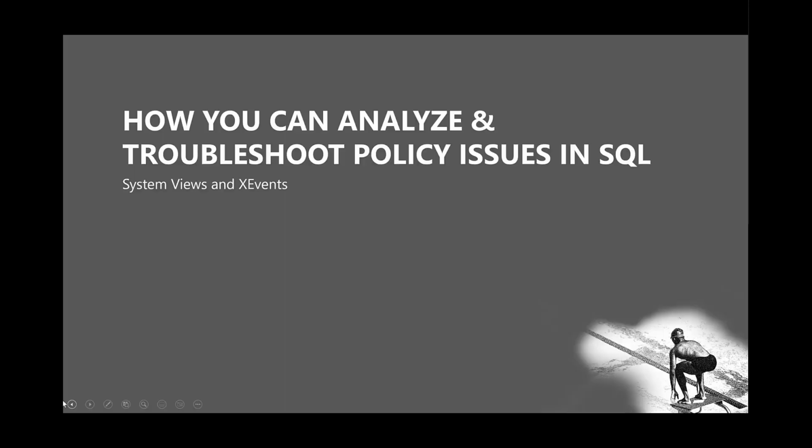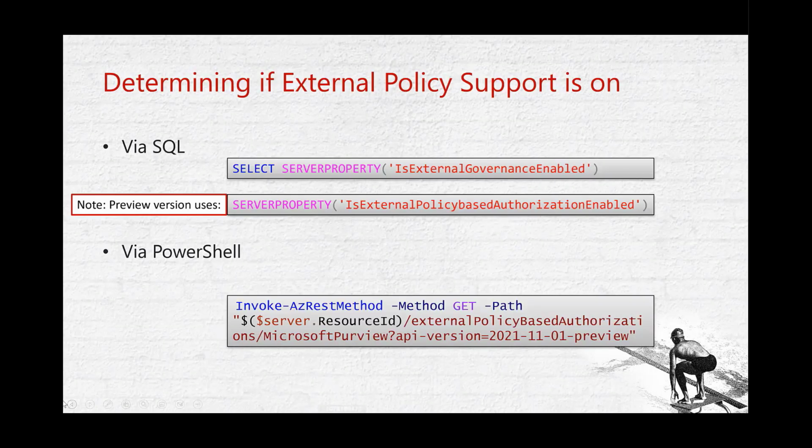Okay, so how can we actually analyze what's going on inside our Azure SQL database or SQL Server after we onboarded policies, after we applied policies? Now, first of all, you want to understand, is my server, my database actually governed from Microsoft Purview? And there we have a new property that today in the preview version, it's the second line here, is external policy-based authorization enabled.